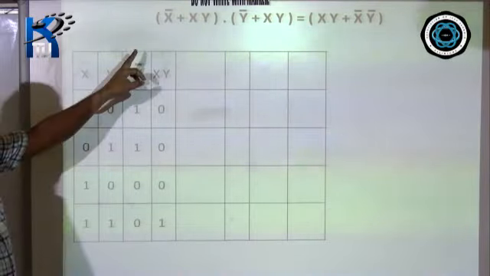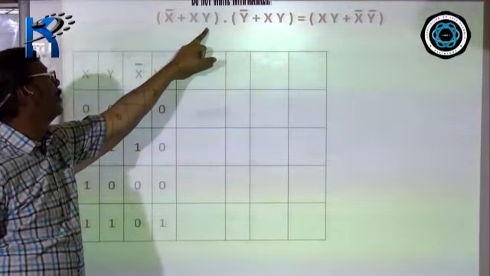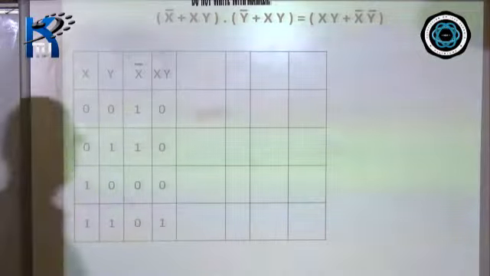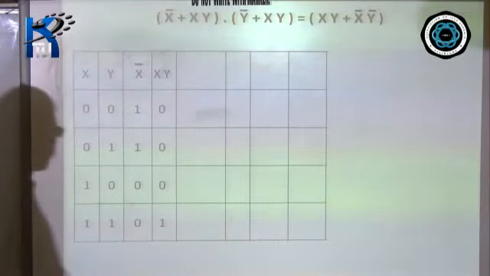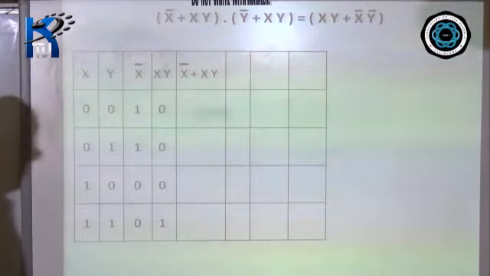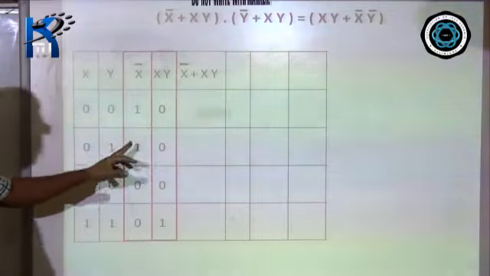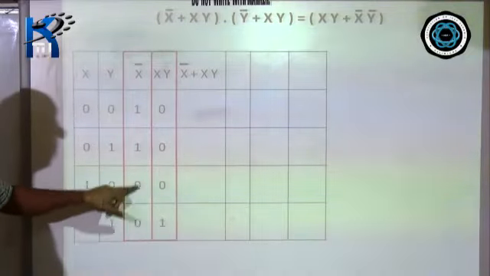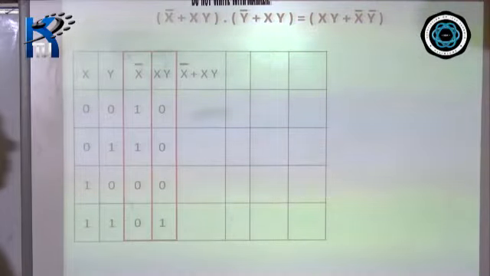Next, we join this one with the OR gate. This portion we solve: x complement plus xy. Plus is the OR gate. So we are dealing with these two columns. This we don't need now. We need only this column, x complement, and this column, xy. We are using the OR gate.